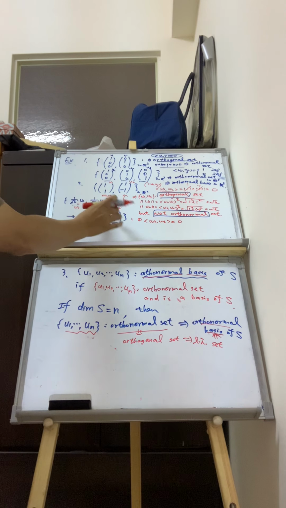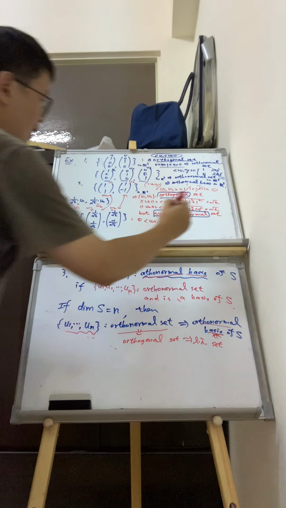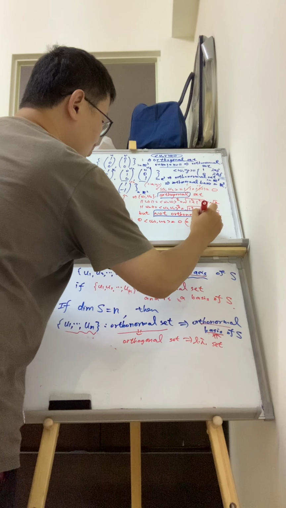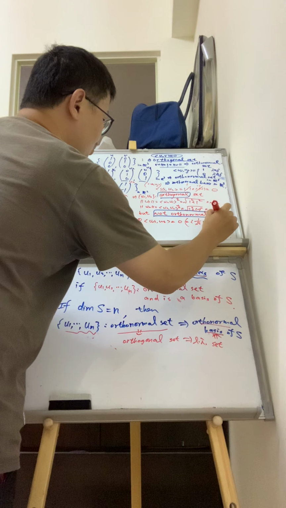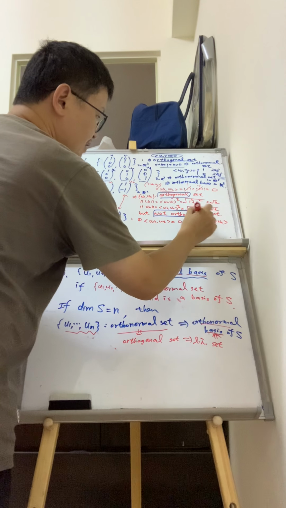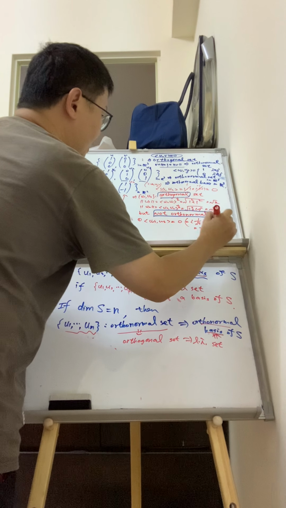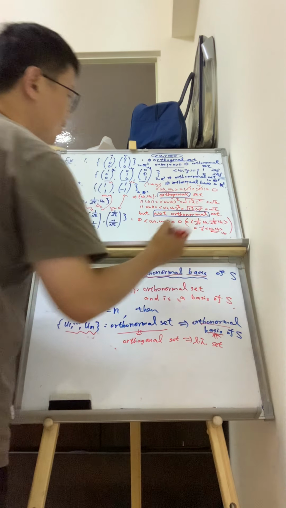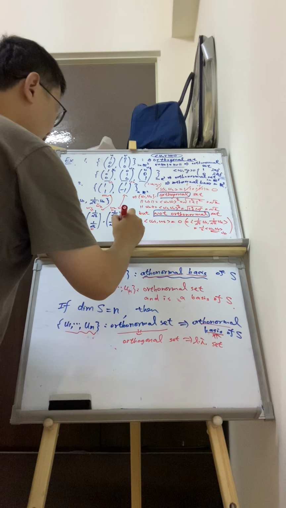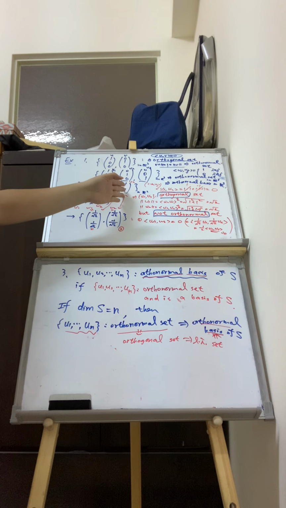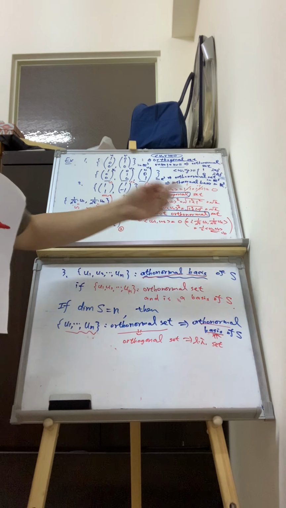If you check the inner product, you can see that indeed it's 0. Also, w1 is 1 over square root of 2 times u1, and w2 is 1 over square root of 2 times u2, so the scalar is 1 half, and the inner product of u1, u2 is 0, so it's still 0. Originally they are orthogonal, and after multiplying by scalars, they are still orthogonal.